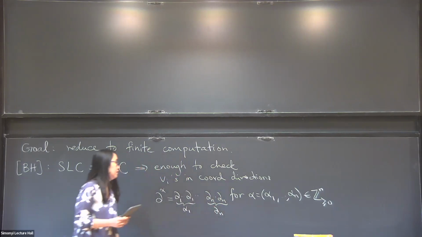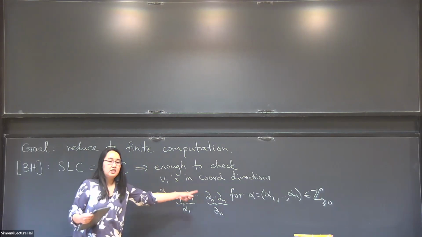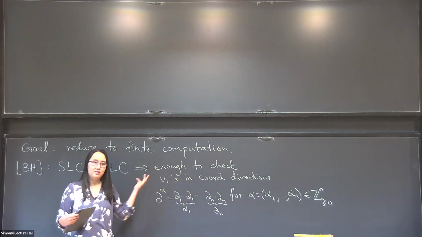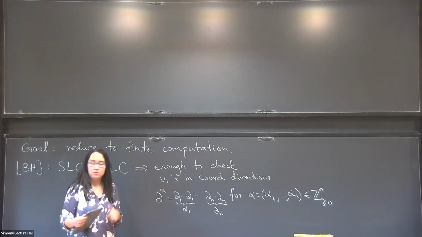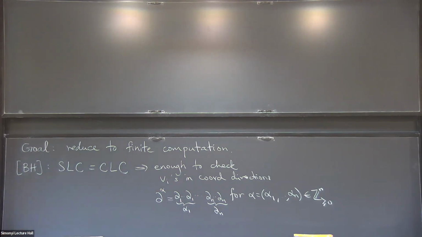So it's enough to look at these finitely many derivatives with respect to the variables instead of looking at all the directions. So we have reduced this part down to finite.